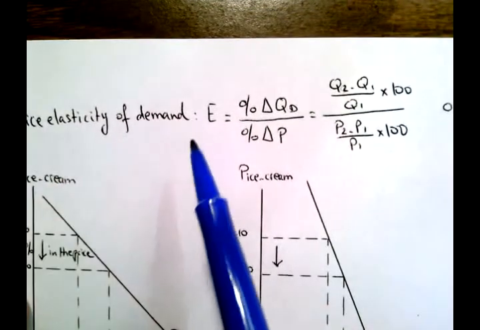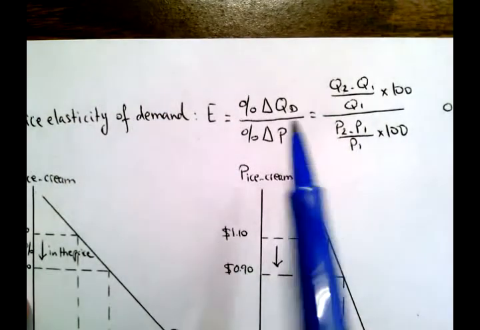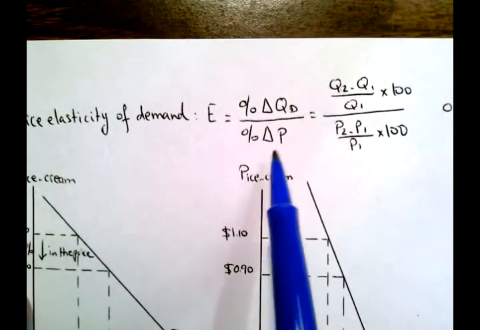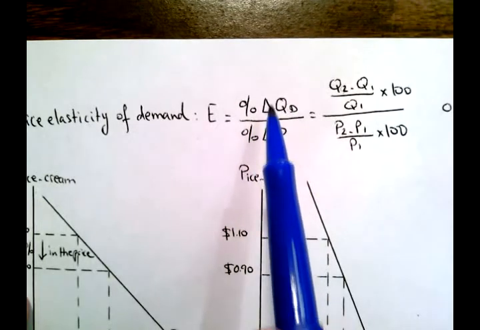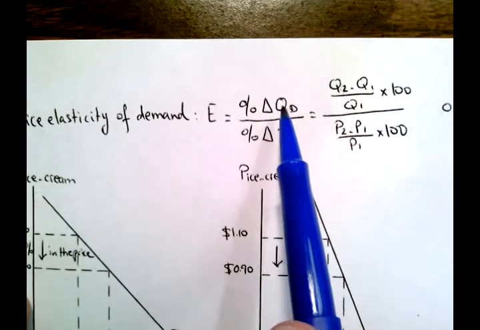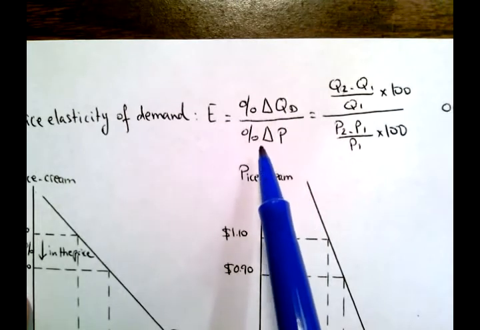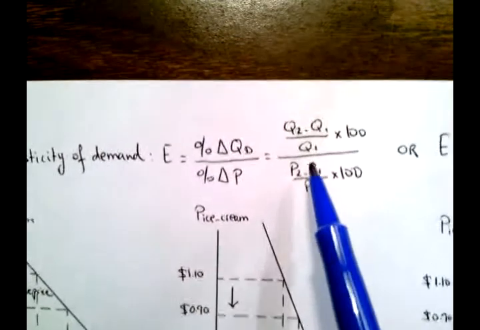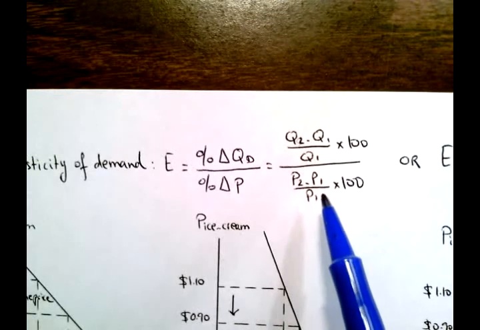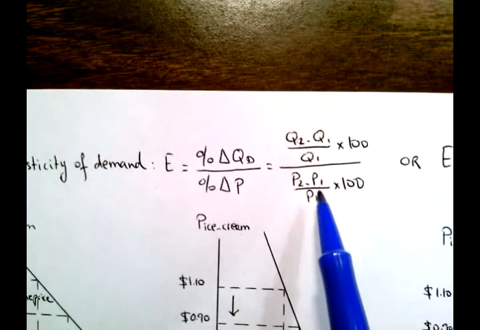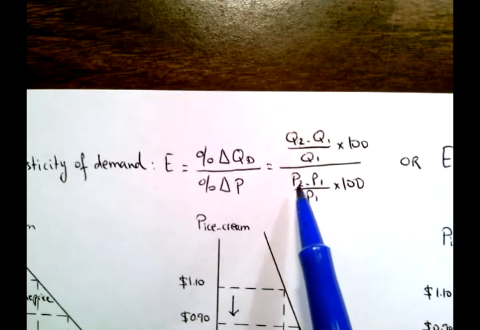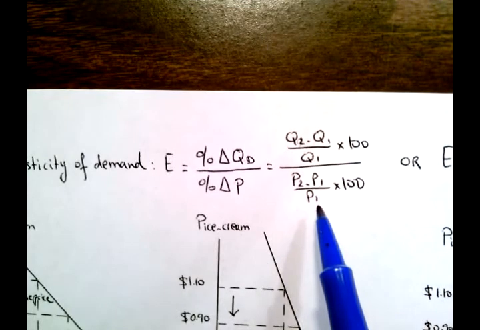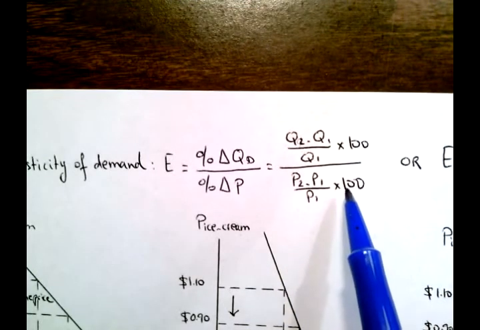So again, elasticity will always be a ratio of how, if I were to change the price, how will demand respond? So here we look at the ratio of the percentage change in quantity demanded over percentage change in price. That's the general formula where to derive the percentage change in price, we take the original price P1, we take the new price P2, we take the difference between the two, P2 minus P1 divided by P1, and we multiply this by 100.